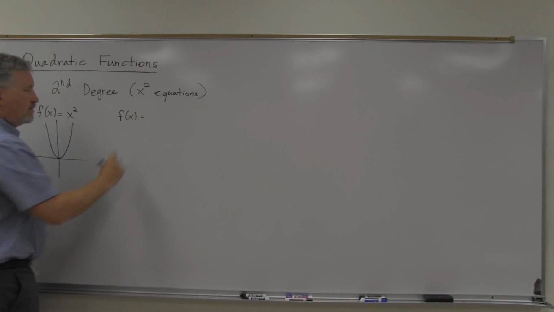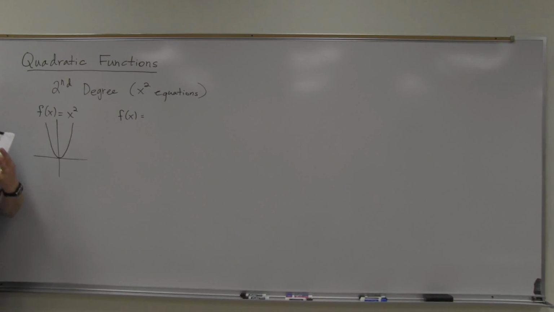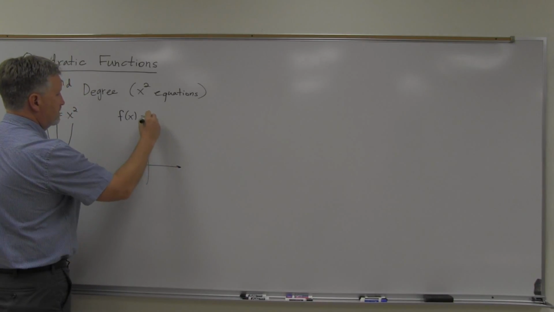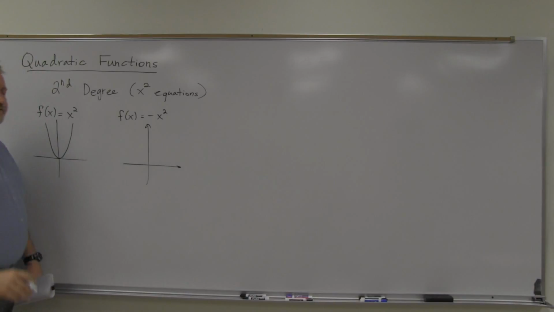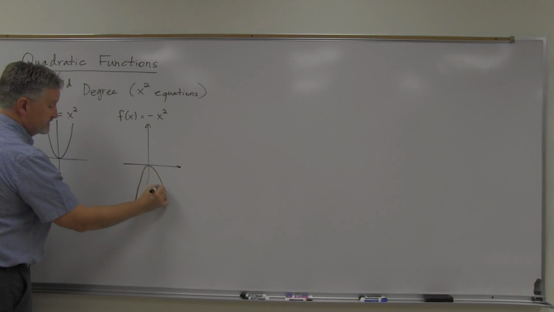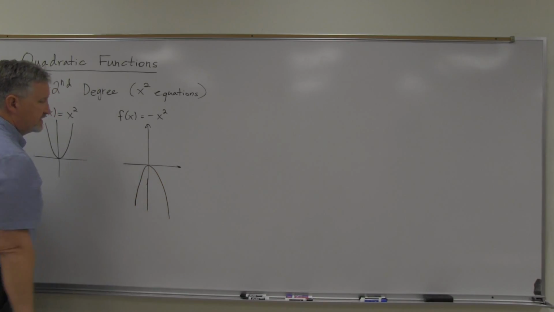Now, we'll consider two basic types of parabolas, because we've got this type, and then we've also got the minus x squared. And the difference is that it's down, right? It's flipped over. We said it was reflected in the x-axis.